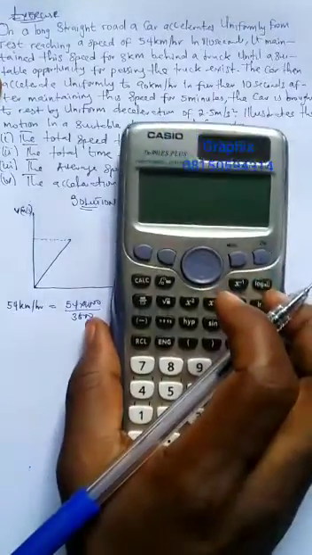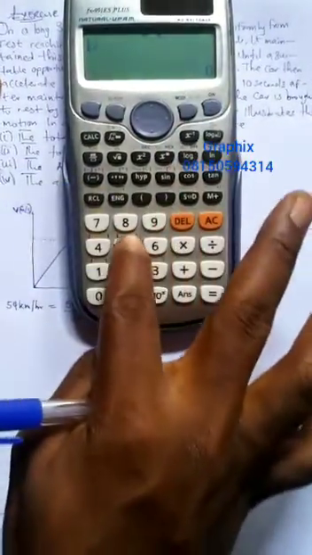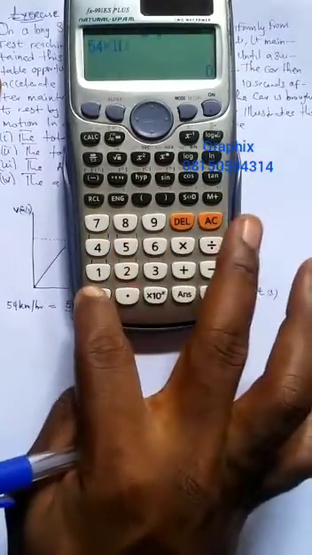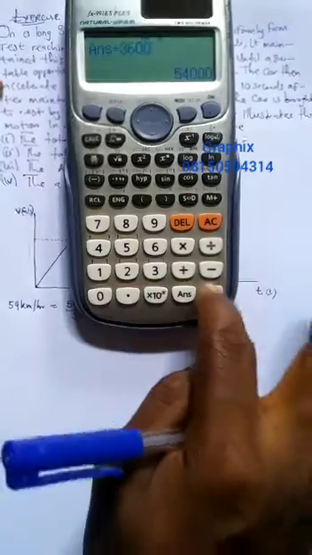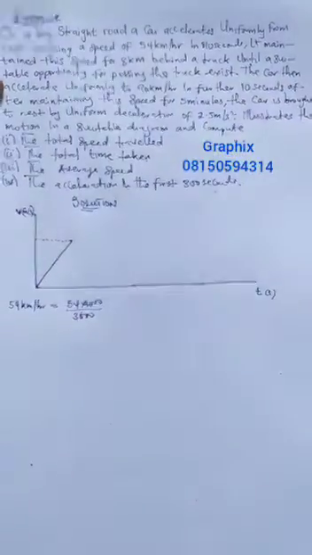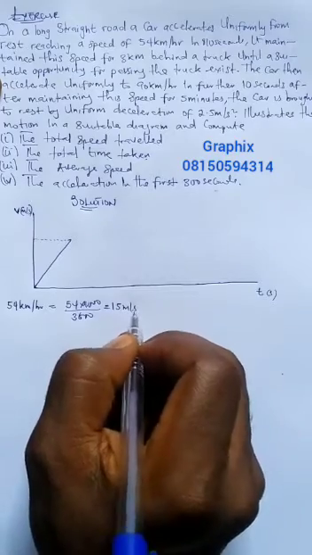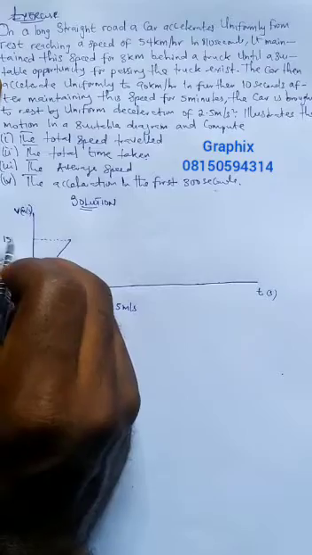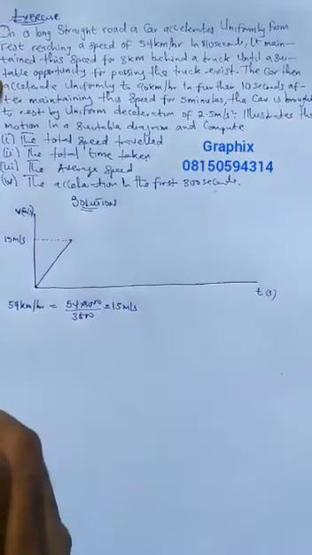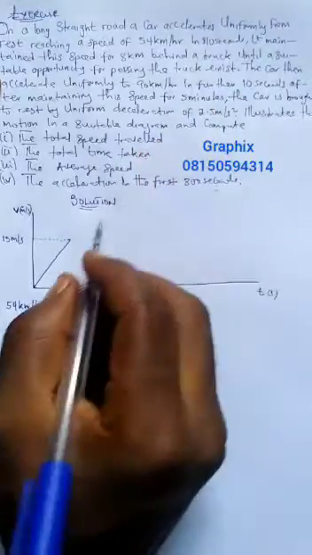So that is 54 multiplied by 1000 divided by 3600, and you'll have 15 meters per second. So the first one here is 15 meters per second, in 810 seconds.